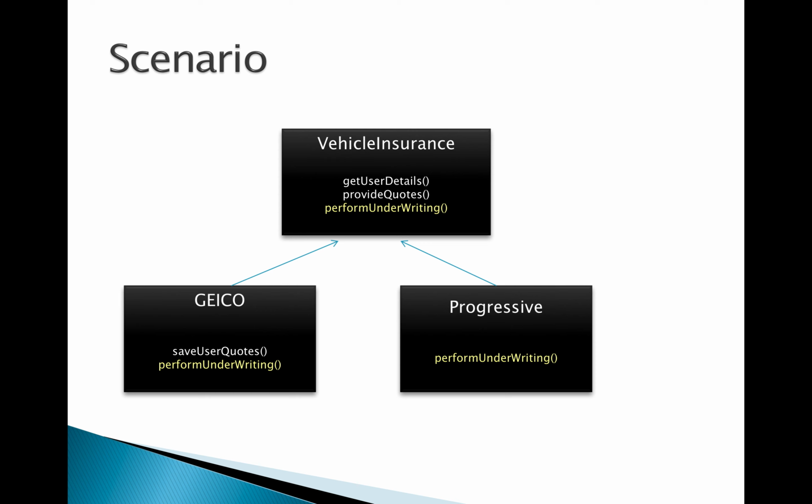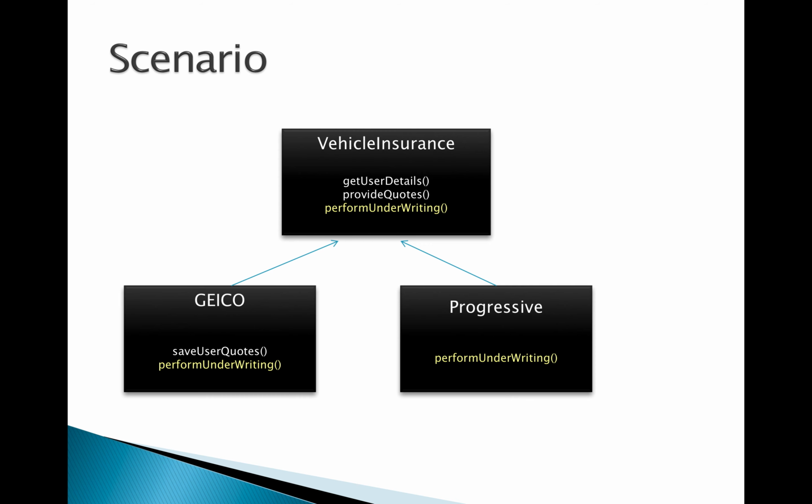But can a vehicle insurance company generally implement this algorithm? They can, but usually they will not, because the underwriting process is specific to the company. What a vehicle insurance company can say, as a general routine, is that any vehicle insurance company has to perform underwriting.